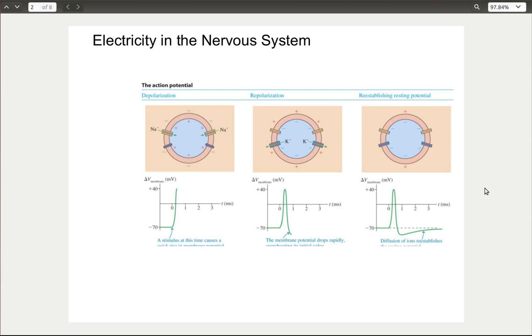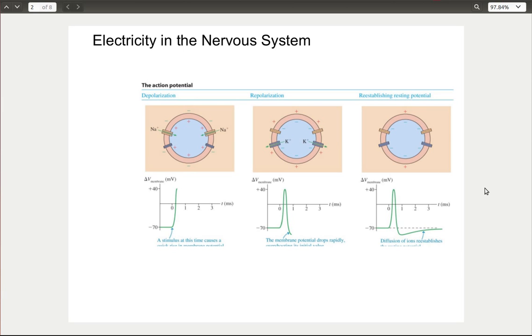It is very easy to start blending together ideas of electric potential and charge and positive and negative, so I want to be pretty careful here. When the sodium channel is open, sodium flows inside, and the average charge is positive on the inside. That will result in a collection of negative charges along the outside of the cell.